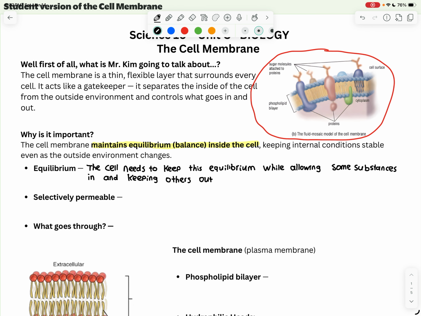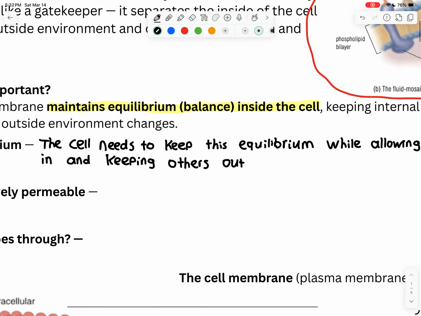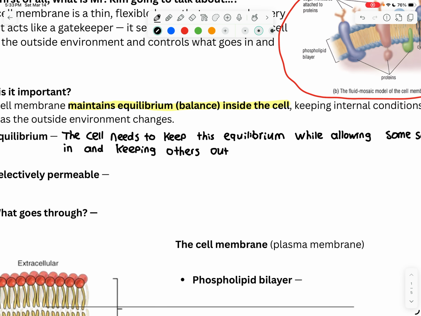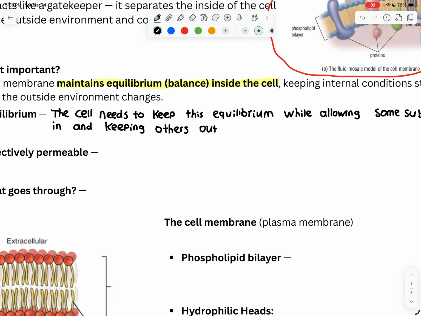So our cells are called selectively permeable. Permeable really just means that things can pass through. What selectively permeable means is that certain things can go in and certain things cannot, because you want to keep the good people in and the bad people out. I'm just gonna zoom in because I can tell that my writing is getting horrible when zoomed out.